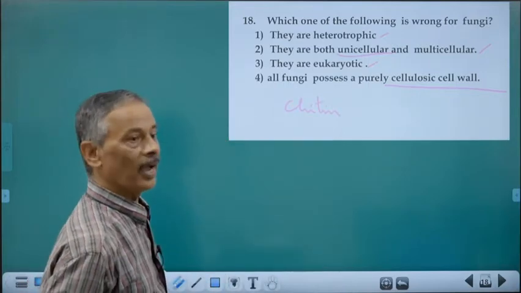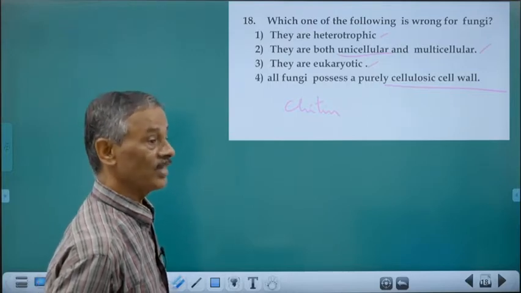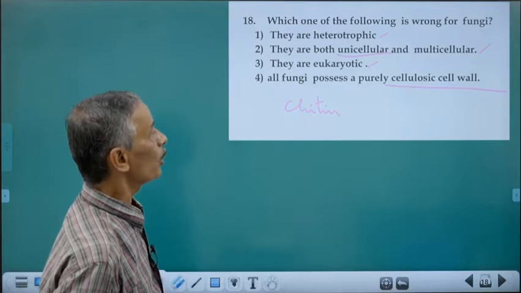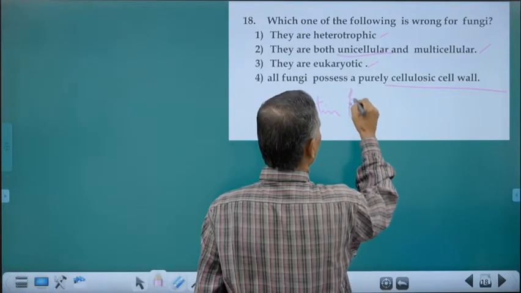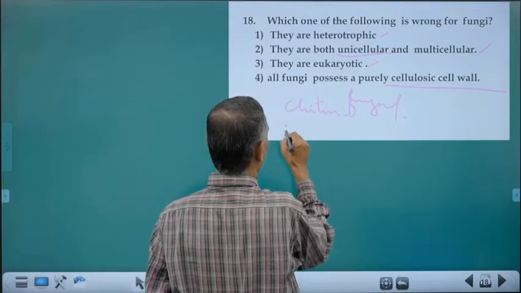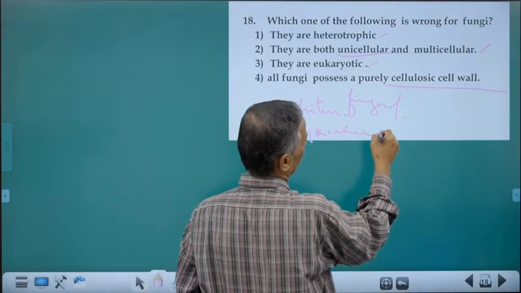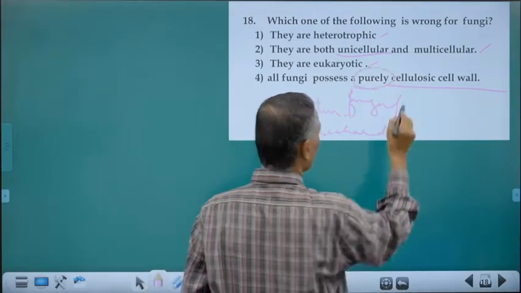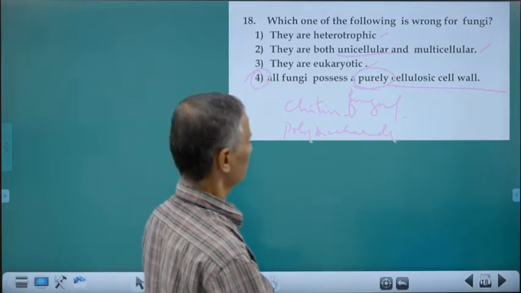It is also called fungal cellulose. It is not pure cellulose. It is chitin plus polysaccharides. So purely cellulose is the wrong one. Clear?